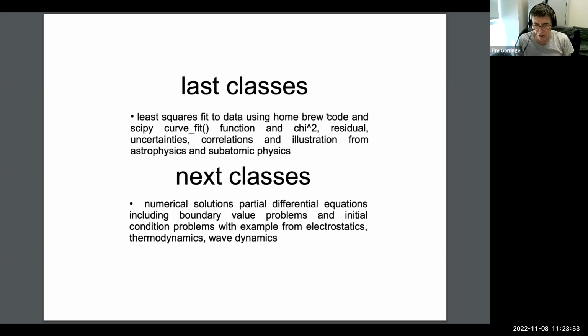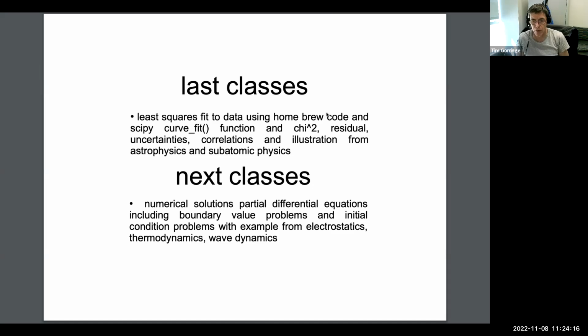When we were doing the least squares fitting, we talked about the importance of the chi-squared, the residuals, the parameter uncertainties, the parameter correlations, and we looked at some examples from astrophysics and also from subatomic physics.